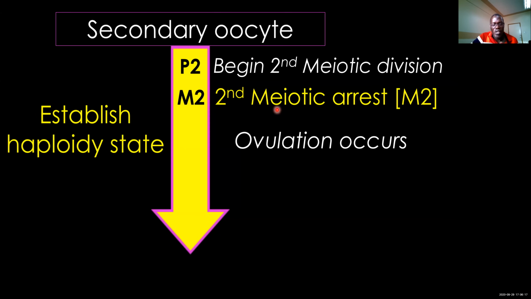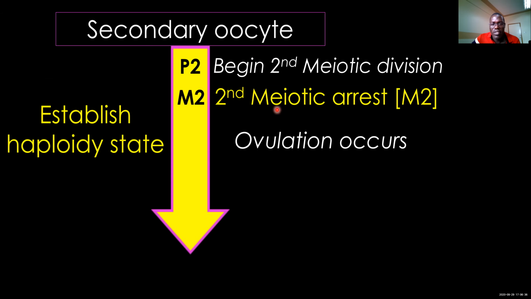The second meiotic arrest occurs at metaphase 2. It involves the secondary oocyte, and this process occurs around the time of ovulation, 3 hours before ovulation to be specific.